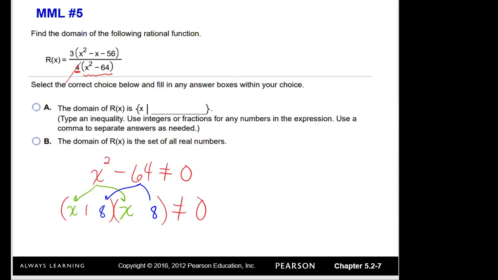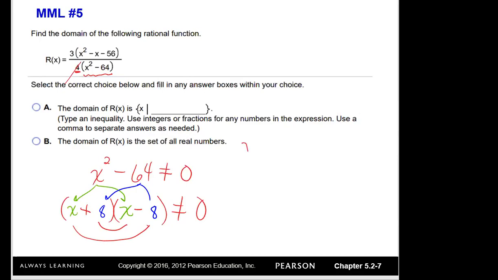And then one of these has to be a plus and the other one has to be a minus. That's because there's no middle term. You just got the x squared and the minus 64, but there's no middle x term. That's because your negative 8x for outsides and your positive 8x for insides cancel out.